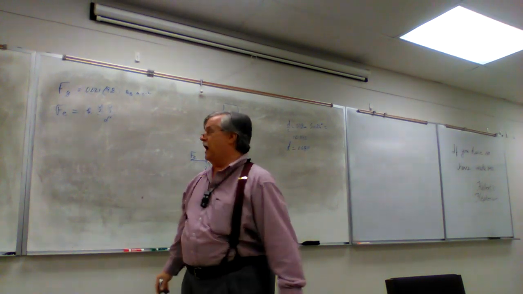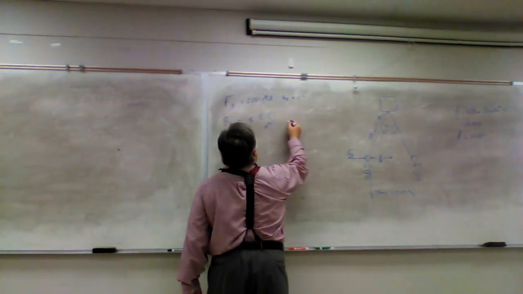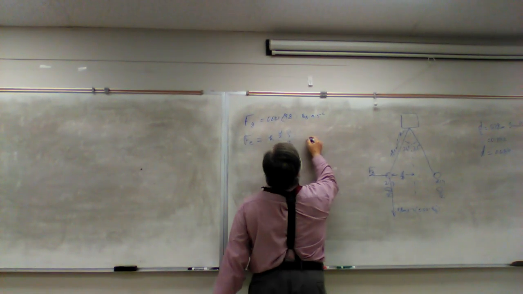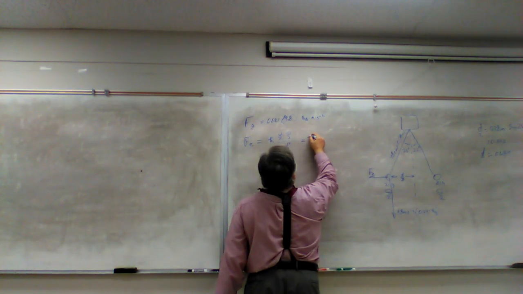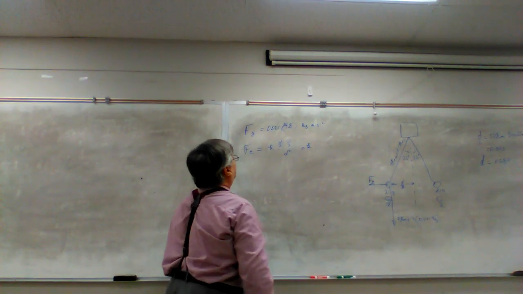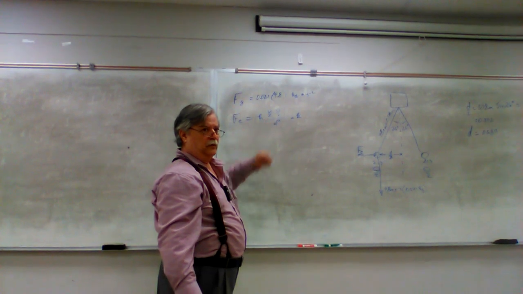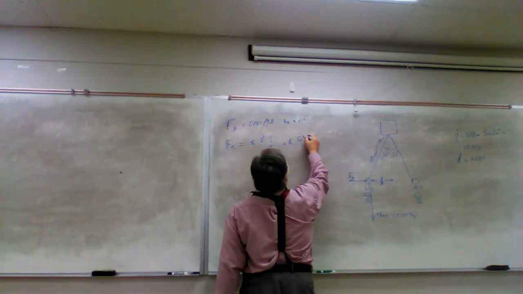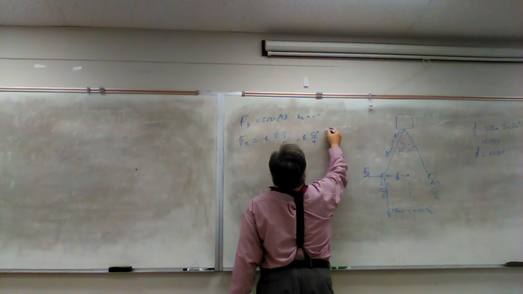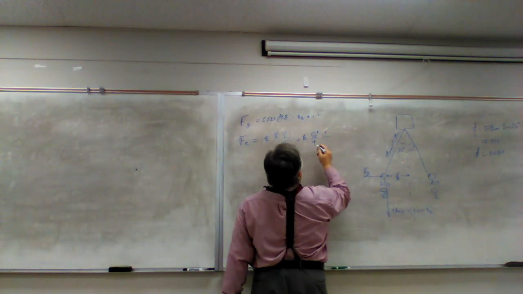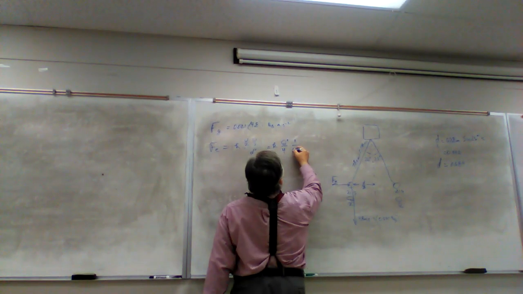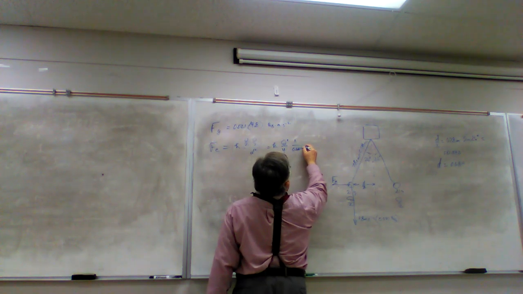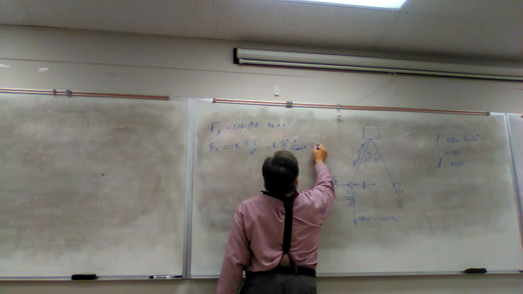So now we know the distance between them is 0.684. Q over 2 times Q over 2 is Q squared over 4 times 1 over d squared, which is 0.684 squared.